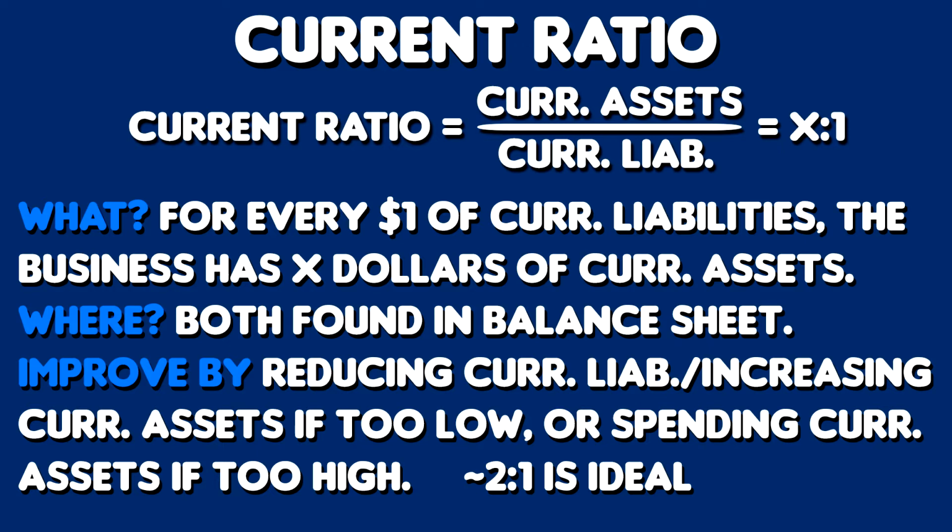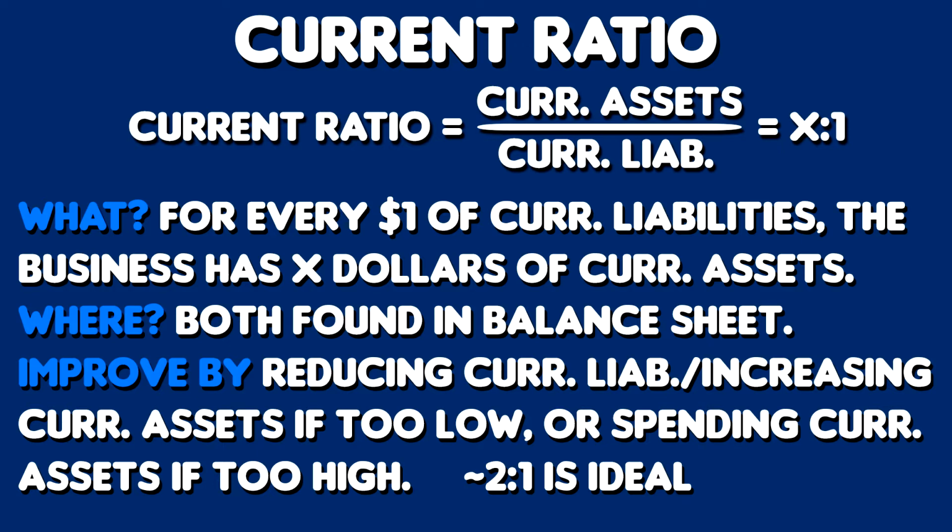This tells us, if all of our current liabilities, so all of our current debts that we need to pay within the next 12 months, all come a knocking, all knock on our door saying, hey, give us our money, how good a position is the business in to be able to deal with that?